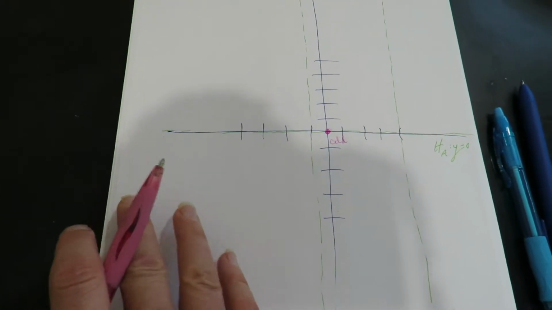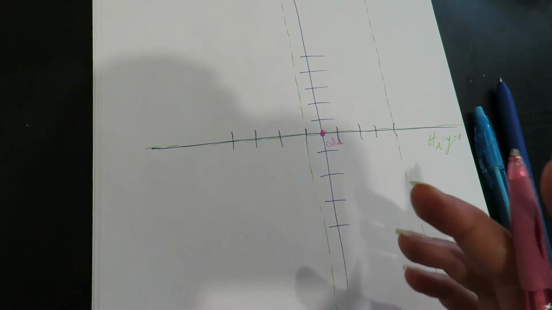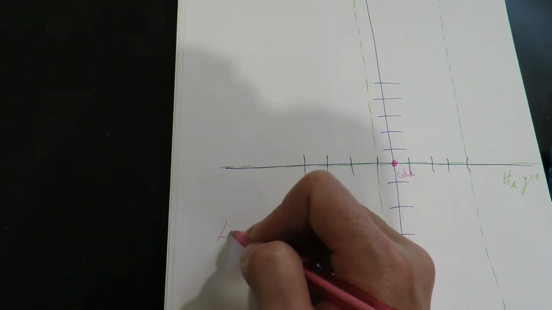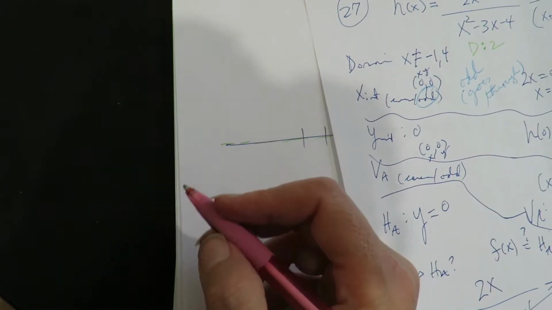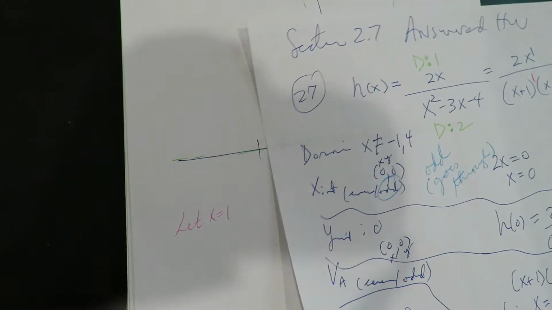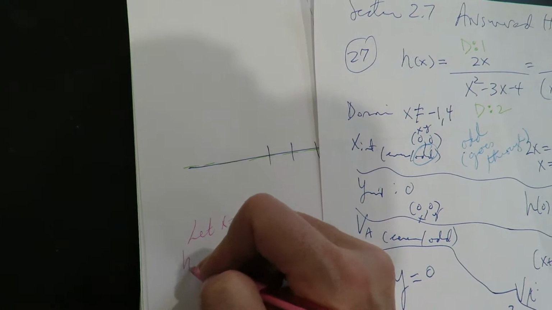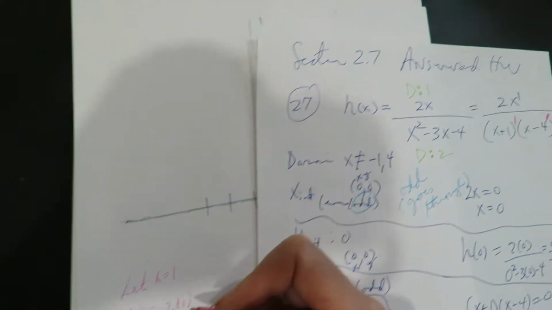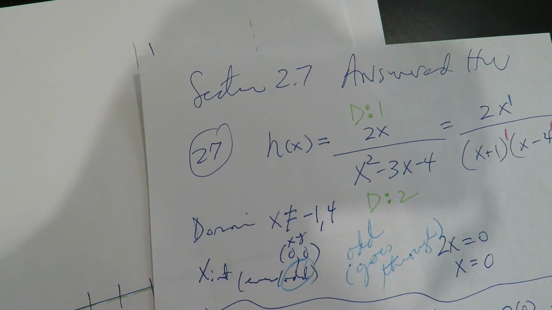That's easy to fix, because then what you do, as in any other case, is you would just plot a point. So like if I just let x equal 1 and I plug it into the original function.